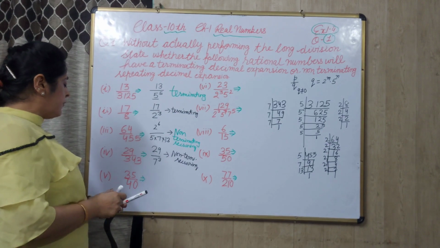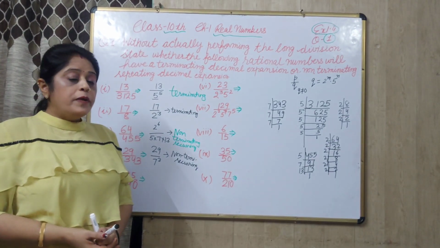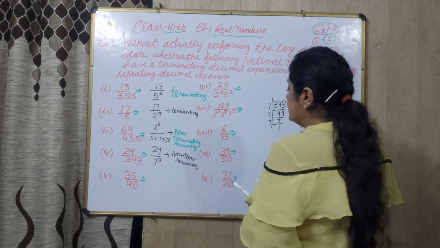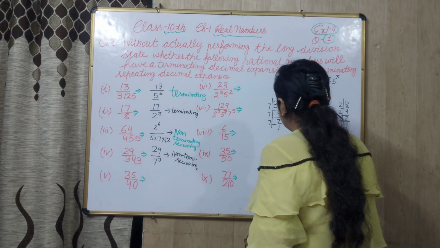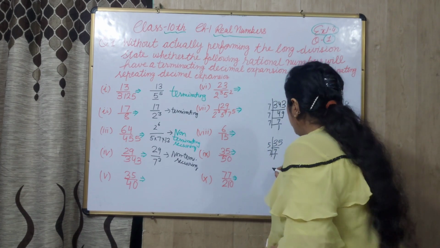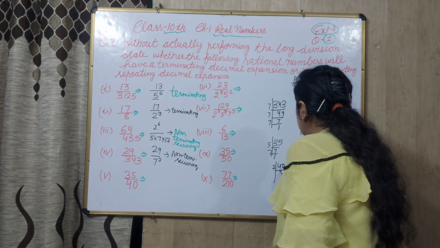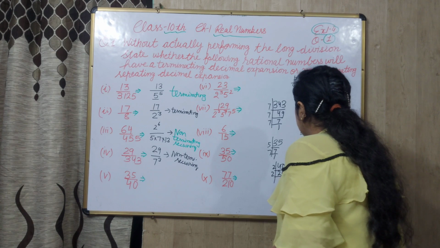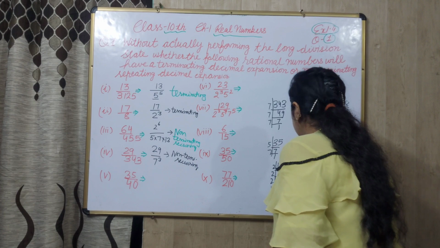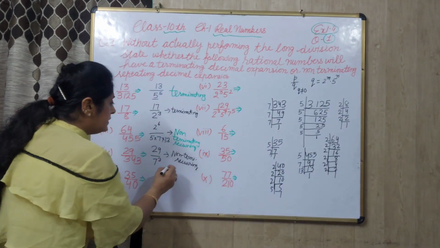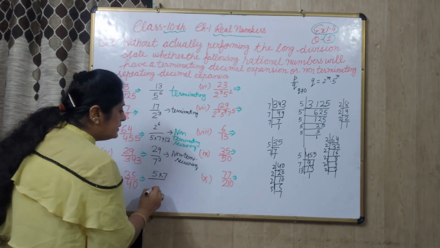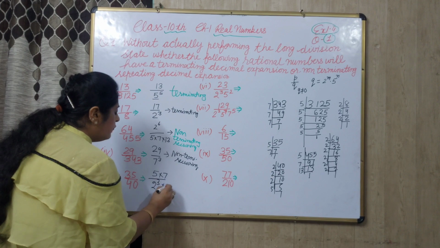Next, 35 upon 40. They are not co-prime numbers, so we make the factors and reduce to the lowest terms. 35 you can write as 5 multiply 7, and for 40, 20, 10 and then 5, so 2 power 3 multiply 5.